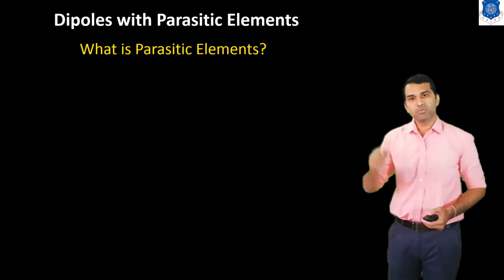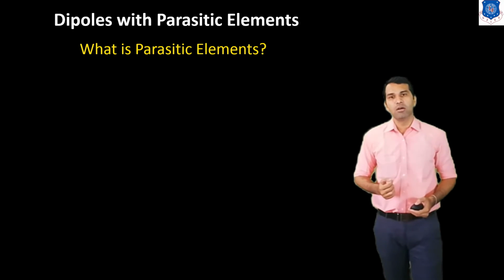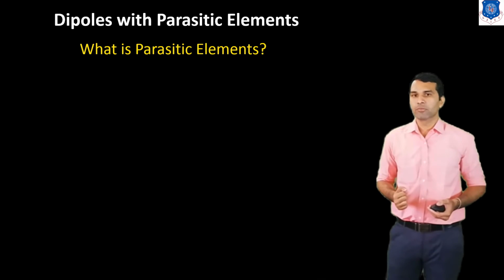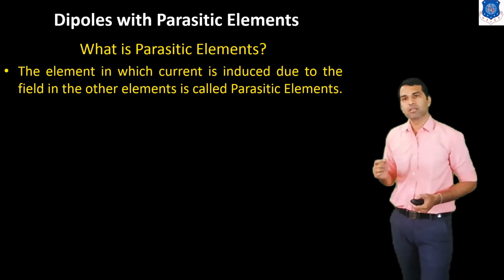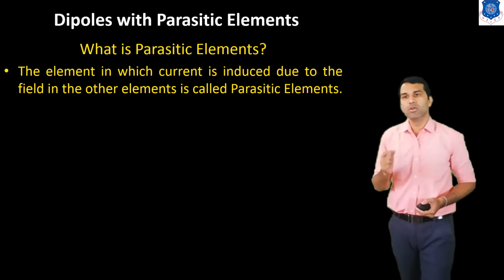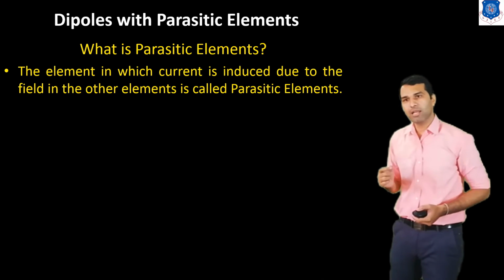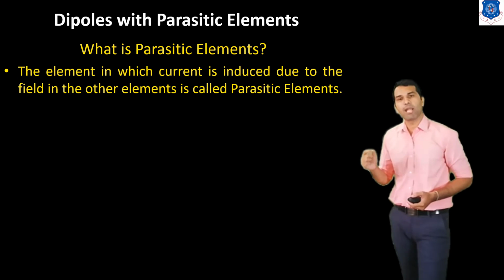So now the first question that comes to our mind is, what is a parasitic element? The answer is, the element in which current is induced due to the field in another element is called a parasitic element.